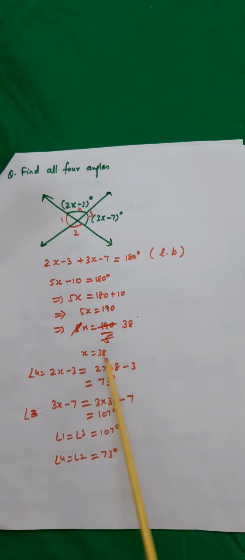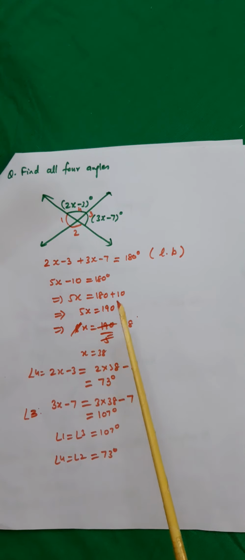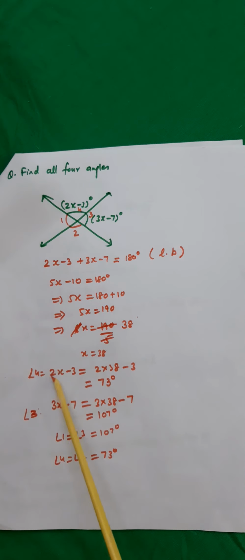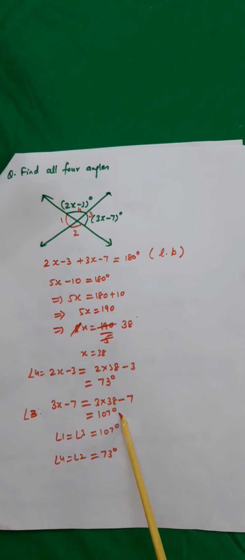So now we have the value of x as 38. Also notice here that this angle 4 is 2x minus 3. This will be 2 into 38 minus 3, that is equal to 73 degrees. And 3x minus 7 would be equal to 3 into 38 minus 7, that is equal to 107 degrees.